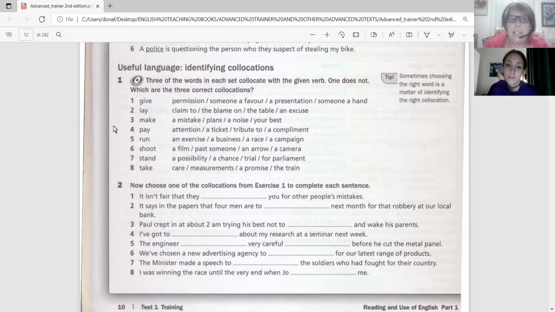Ok. E questo ci siamo. Ma someone a favor. Se io, come dico, quale verbo posso usare? Help. No, quello è help. Però no, il verbo con someone a favor. Quale verbo ci metti prima? Ok. It's easier than you think. No? No.